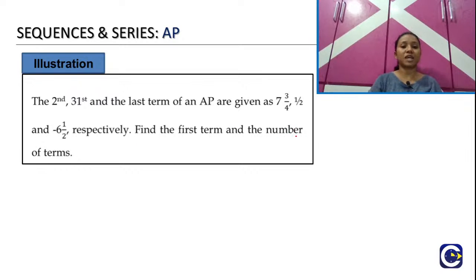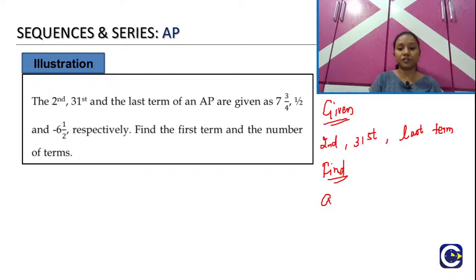Find the first term as well as the number of terms. So what information is given here? The second term is given, the 31st term is given and the last term is given. Right, so these are the 3 terms which are given in the question, and now we have to find the rest.